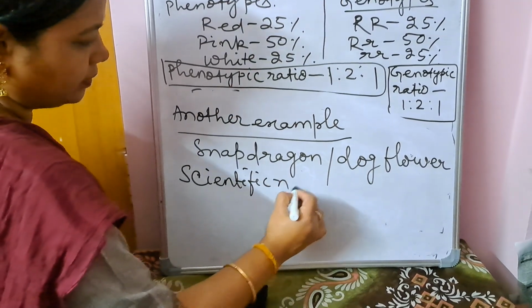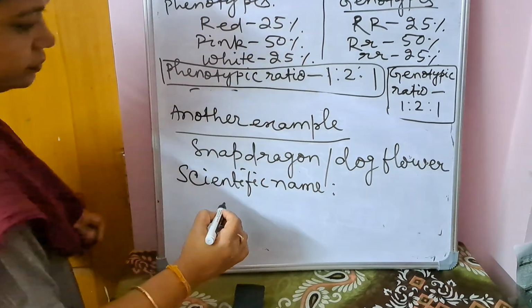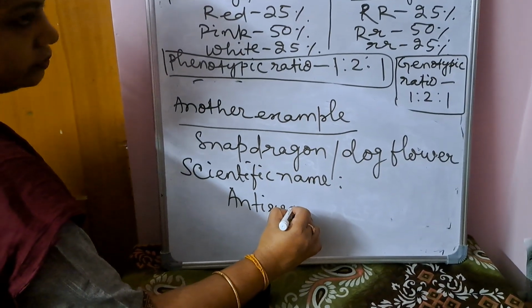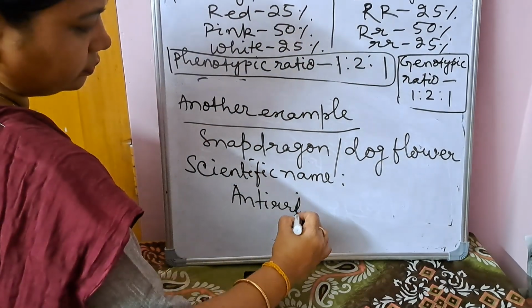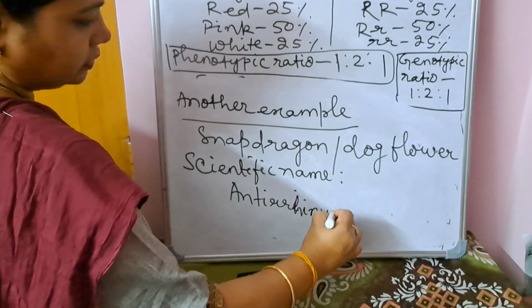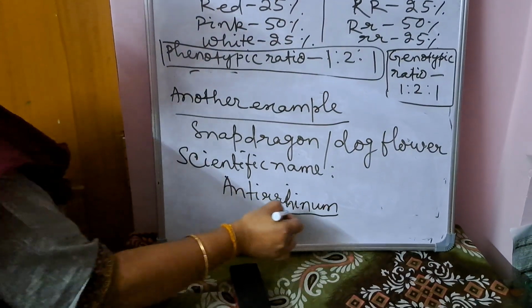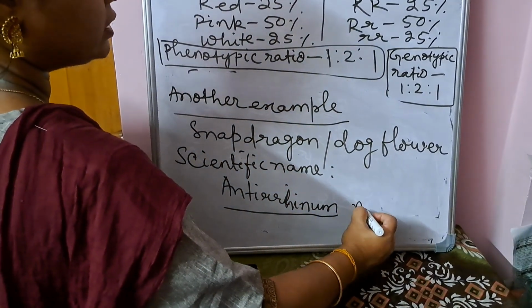The scientific name is, you see the spelling, ANTIRRHINUM, Antirrhinum majus.